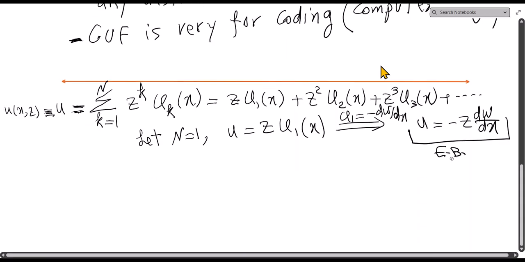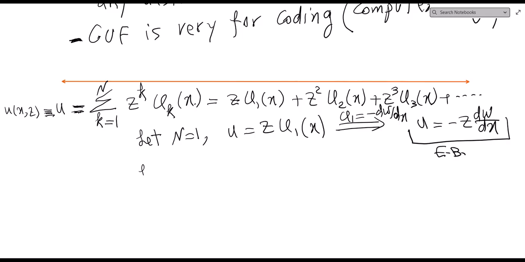Now, if I let again n equal to 1, that is the parameter that we mentioned. You could say k or n equal to 1, and therefore k is only 1. Then I get again z phi_1x.